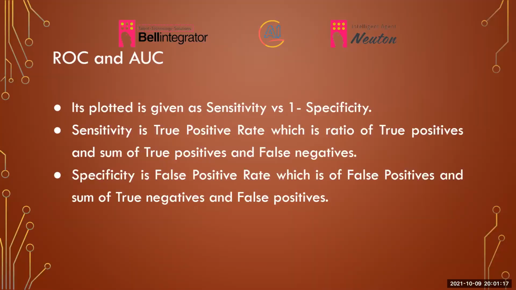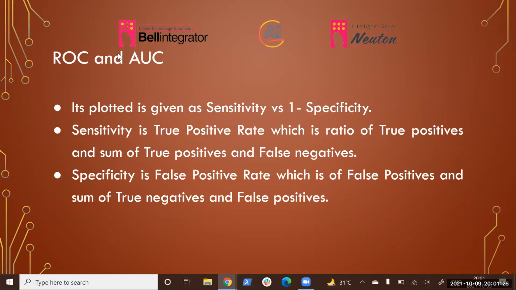So tell me the formula for sensitivity. I've actually given it. I forgot that I added this at the last moment. Anyways, let's continue. Sensitivity is nothing but the true positive rate, which is the ratio of true positives to the sum of true positives and false negatives.